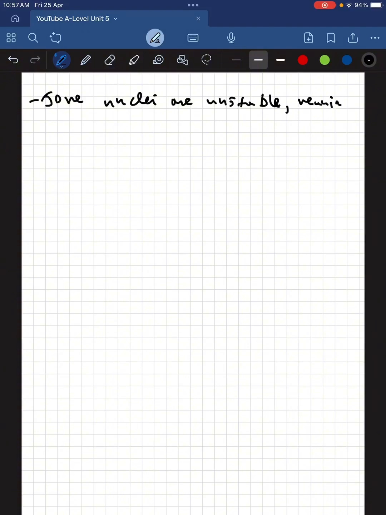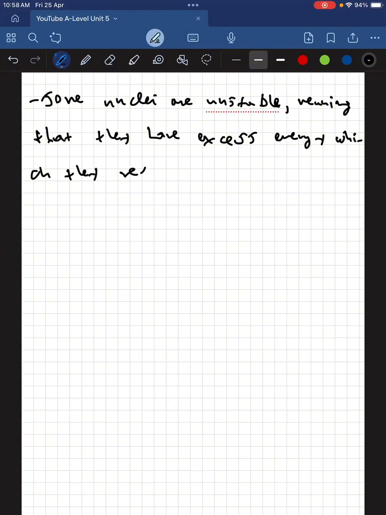Meaning that they have excess energy which they release by emitting particles. And these unstable nuclei are called radioactive nuclei.